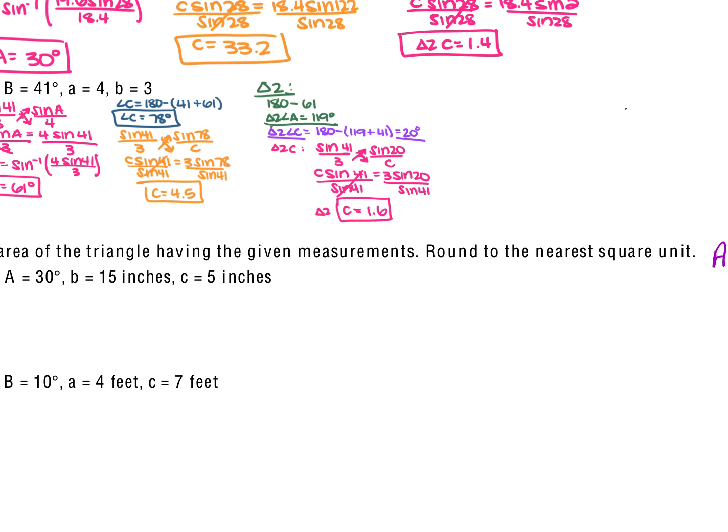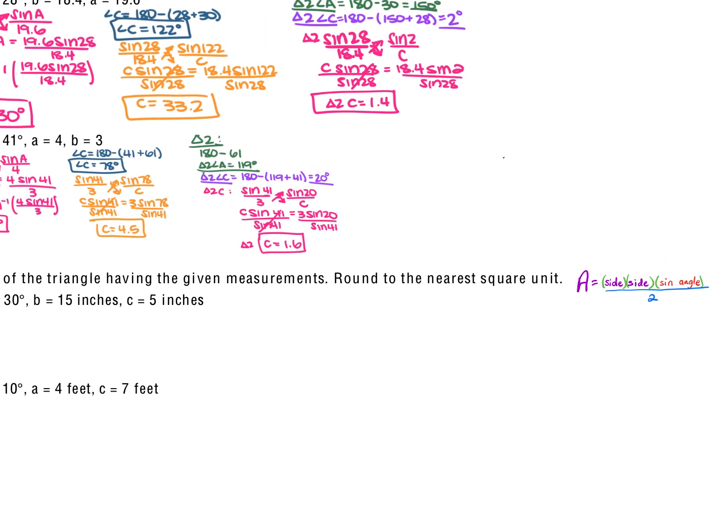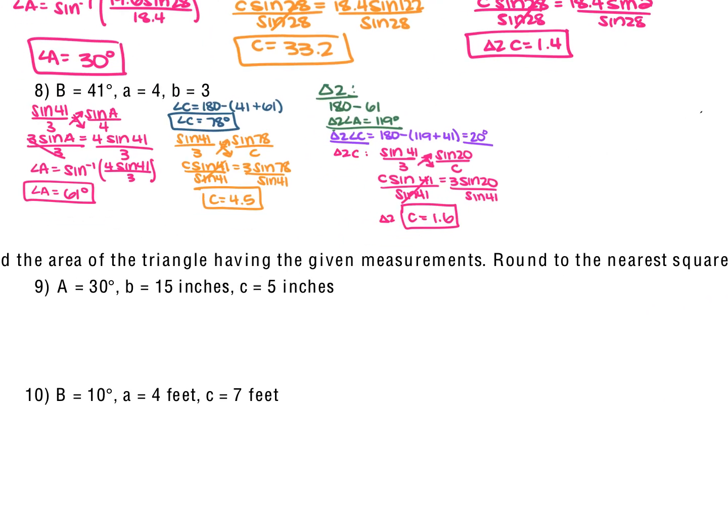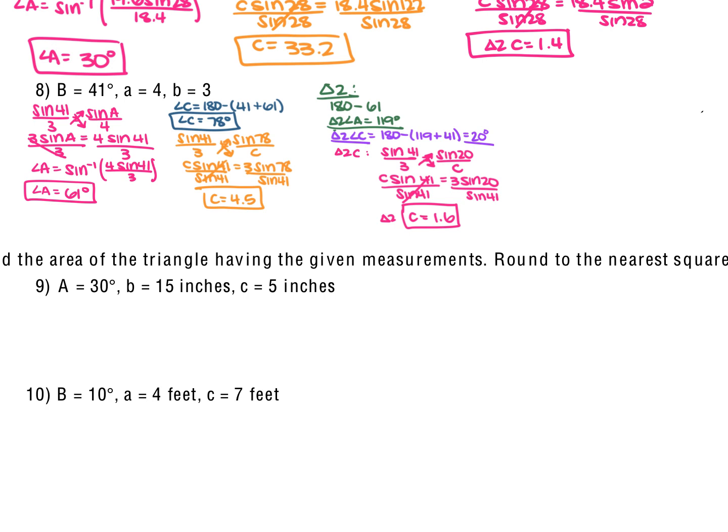With these, we're going to use the area is equal to the side times the side times the sine of the angle, all divided by 2. For number 9, we're given the angle measurement A of 30 degrees, side B of 15, and side C of 5. So the area is equal to 15 times 5 times the sine of 30, all divided by 2.